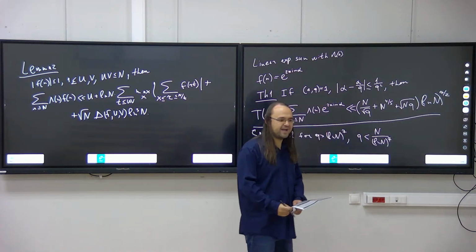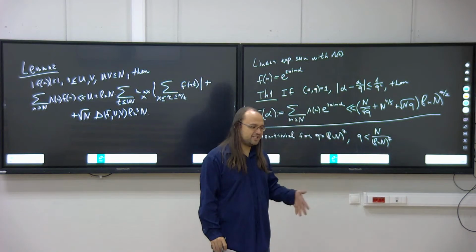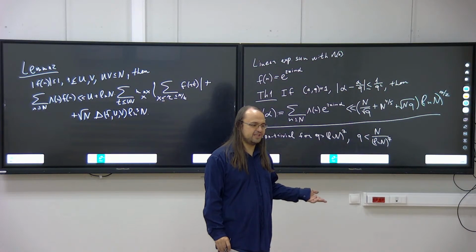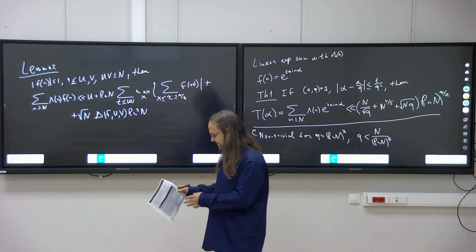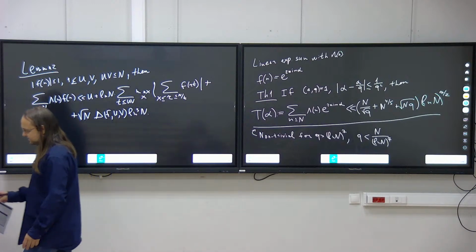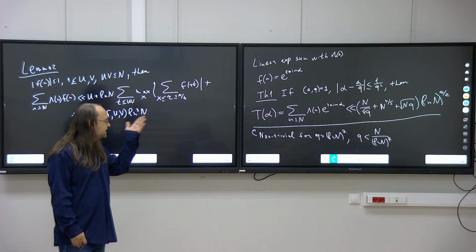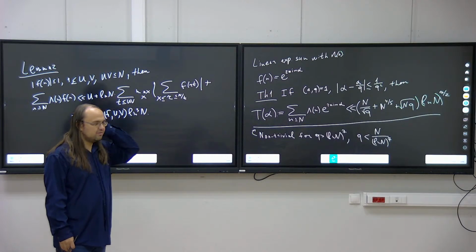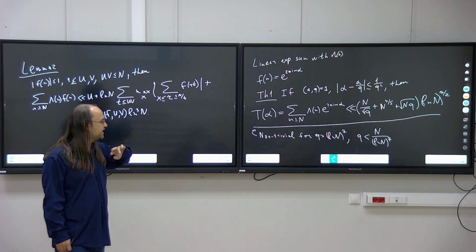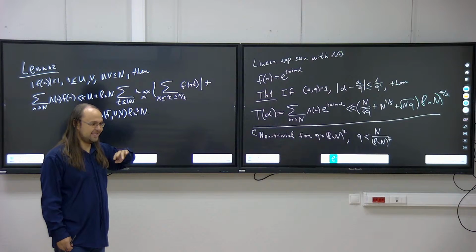So there is a very, very wide range of non-triviality here. Okay? Because, of course, the trivial bound is N, and these are the bounds where you get a slightly less trivial bound. Okay?